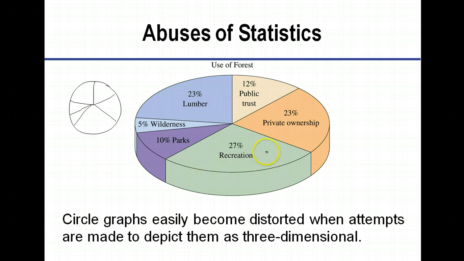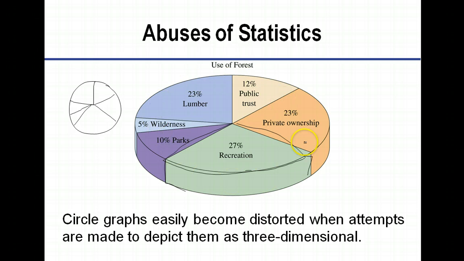For example, this green section in the front, this 27%, should be about a quarter of the entire circle. But when it's laid back like that, notice that this area, with some extra green visible, skews you into thinking this section is bigger than a quarter of the actual top circle.